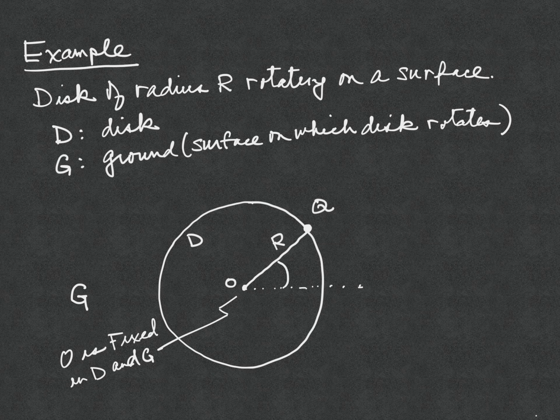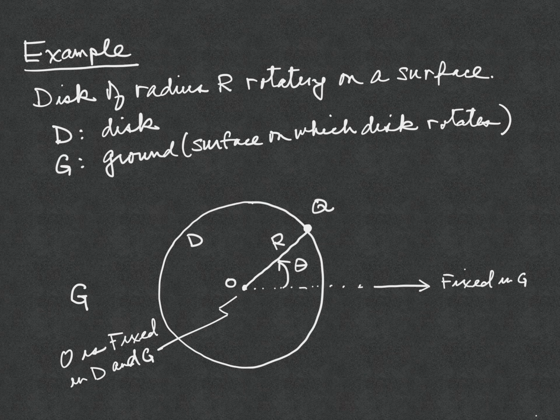The angle theta is the angle formed between the direction OQ and a direction that's fixed to the ground. So this direction right here is fixed in G. In other words, the disk is rotating relative to the ground, and the angle theta is measuring the angle formed by a direction that's fixed in the ground and the direction OQ.